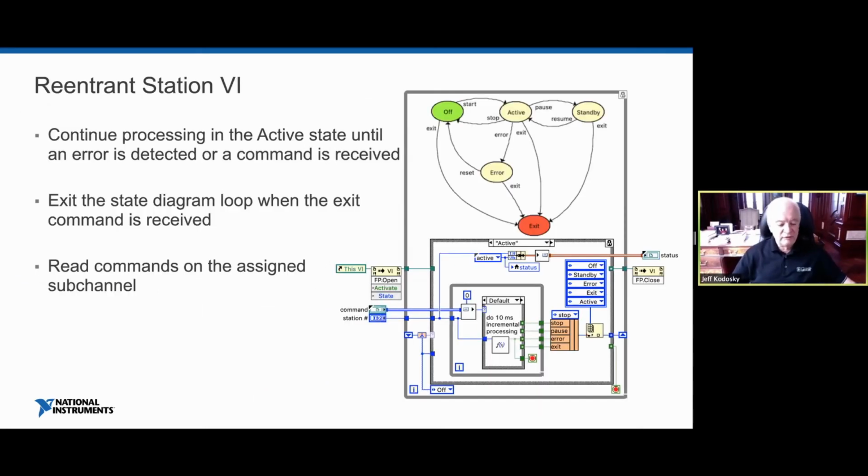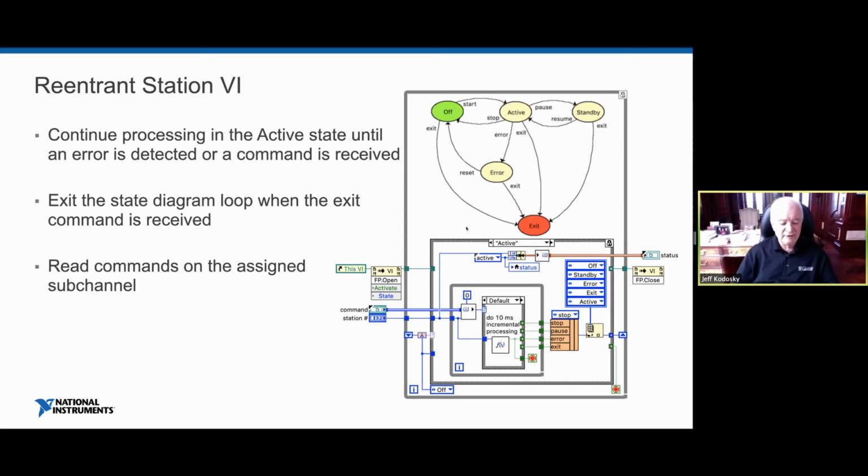So here's the code for the station VI, and don't worry too much about the code. I designed this using the state diagram editor, and I just pasted a picture of the state diagram so you can understand the different states that the station goes through.